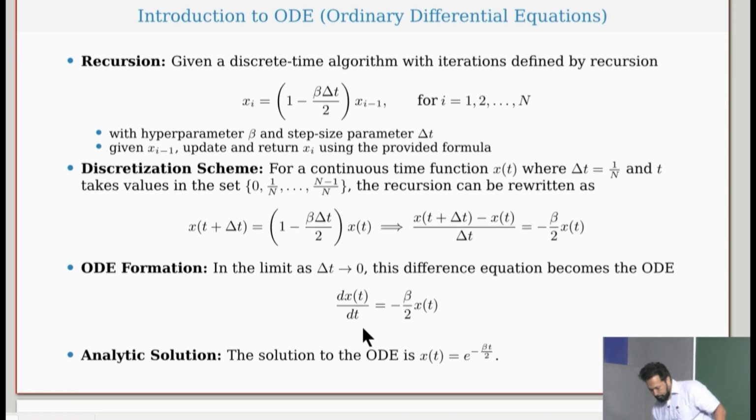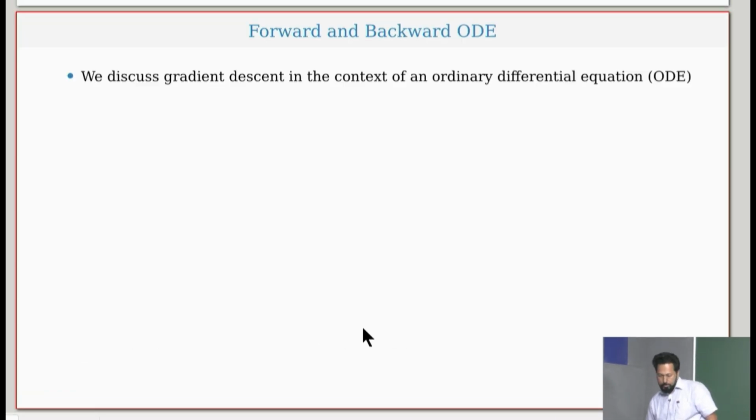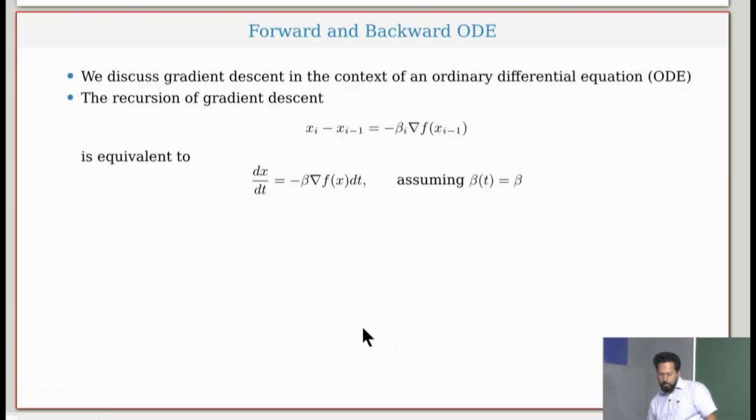So we have the forward one, and if you would like to see gradient descent, the gradient descent recurrences are like this. Again, by doing the same thing that we did before, this will be given by dx/dt equals minus beta times delta grad f(x) dt.